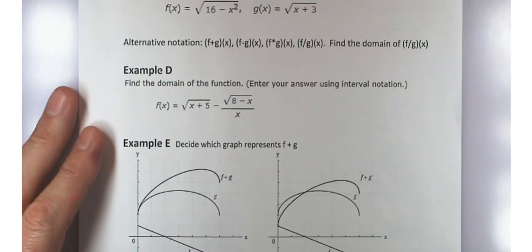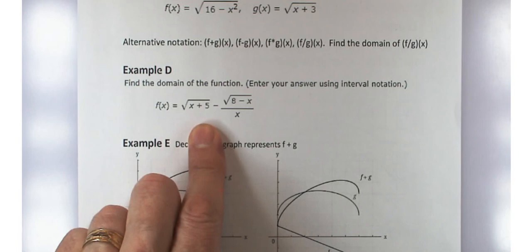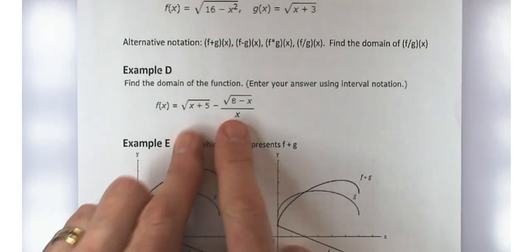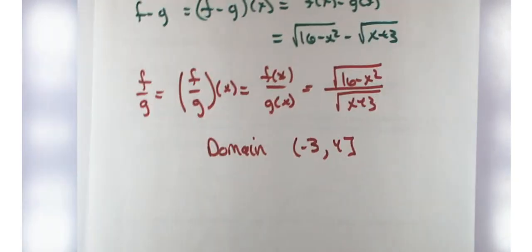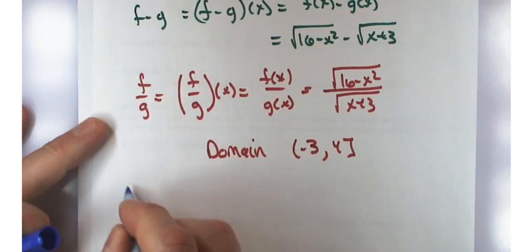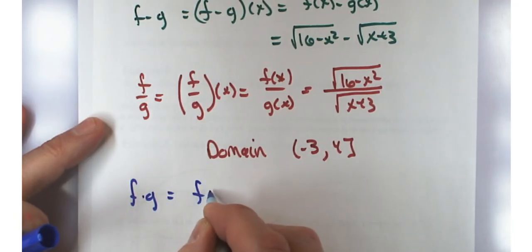All right. Let's do that one again for a problem like this. I skipped the multiply one. Here's the multiply one. F times g is f of x times g of x.